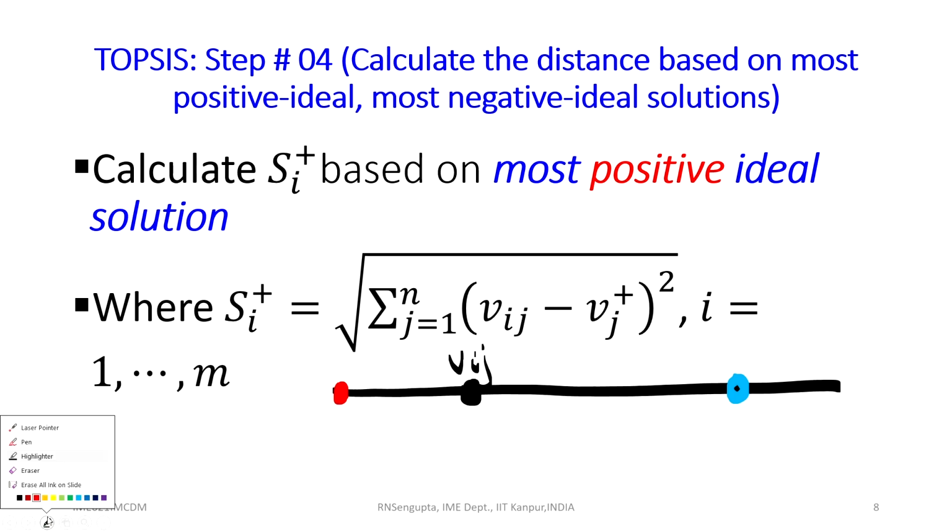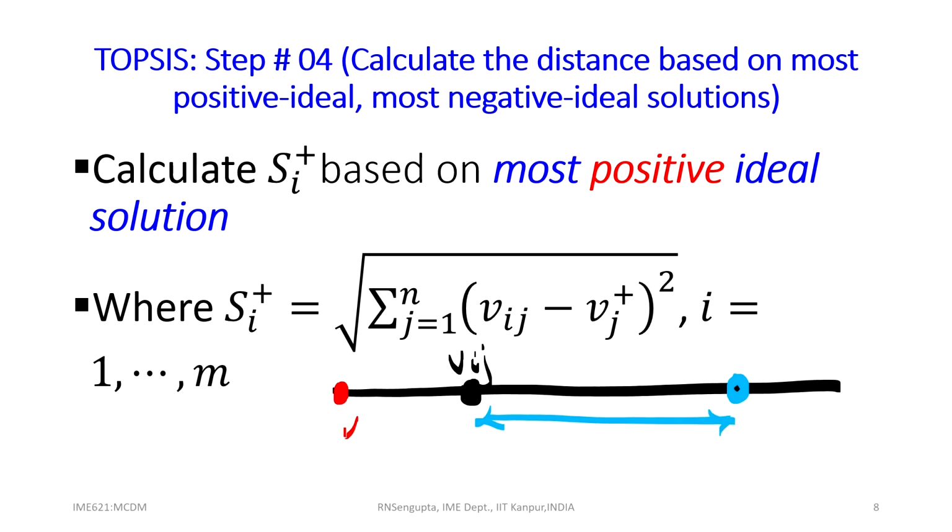So, I need to find out the distance. I will use the blue color. I need to find out the distance here, and I need to find out the distance here. So, this blue one I will mention as V plus, this is V minus, and the distance function which we utilize is basically a simple Cartesian L2 distance.